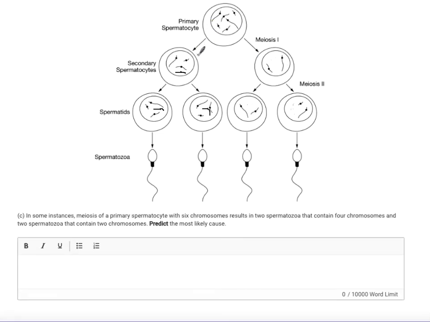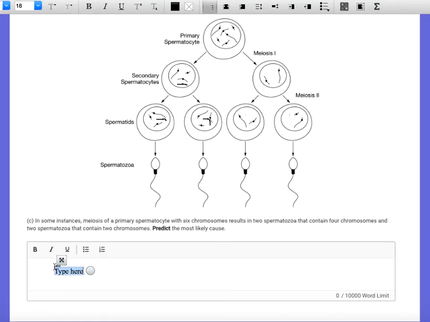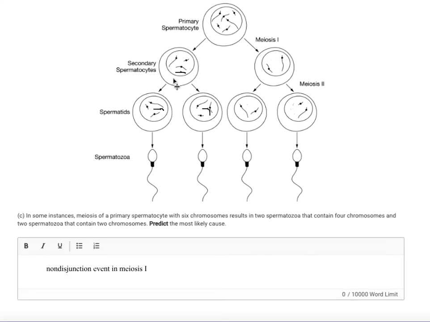So, yes, you would have a nondisjunction event in meiosis 1. Great. And then you would have 4 here, 4 there, which then would split, the sister chromatids would split, 4 there, 4 there, 2 there, 2 there.